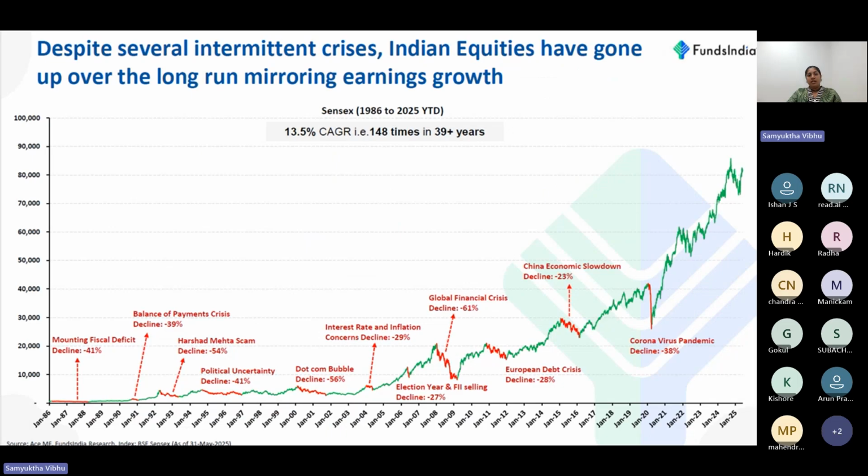And again, this is an interesting data point from Funds India, where it says that, okay, forget about the crises. When you look at what has gone on in the last 40 years, if you compounded at 12 to 14%, then you would have grown 150x, right? So it's not about thinking about the one-off events that are there.